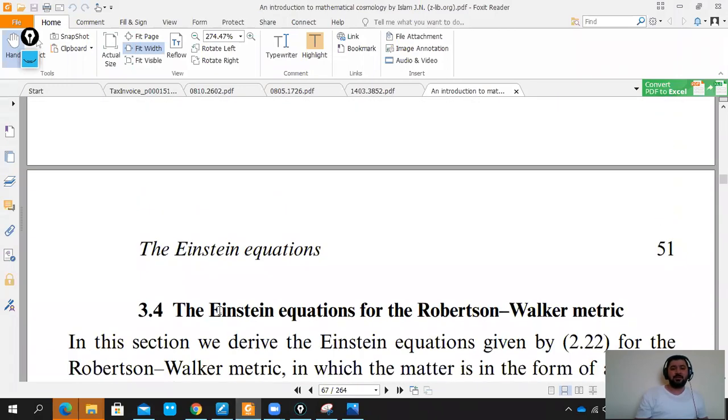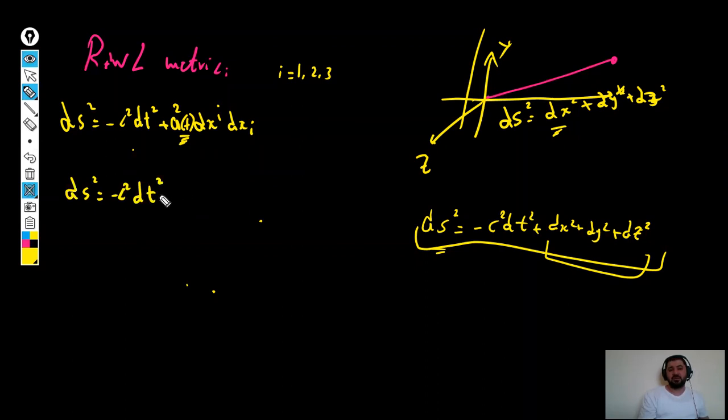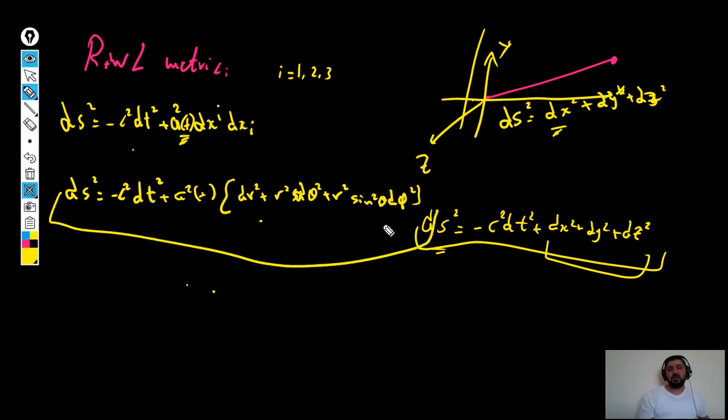If we want to write this metric in the case of spherical coordinates, it will be a squared dt squared, and here we have dr squared plus r squared d theta squared plus r squared sine squared theta d phi squared. So this is the metric if we use spherical coordinates.